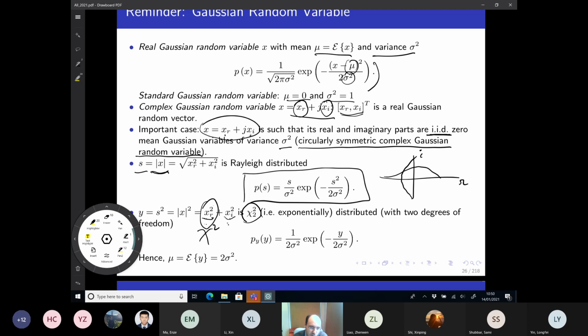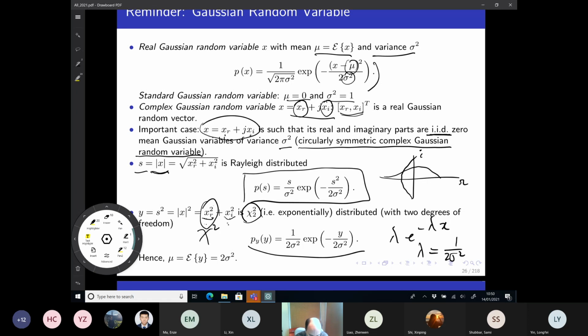And we can show that a chi-square random variable with 2 degrees of freedom is nothing else than an exponential random variable. So the magnitude square of this complex Gaussian random variable is exponentially distributed. And so usually we write this as lambda e to the minus lambda x, right? So my lambda here is 1 over 2 sigma squared.